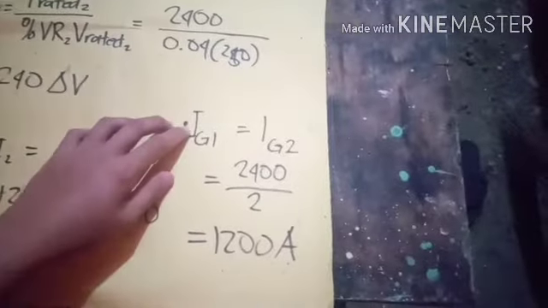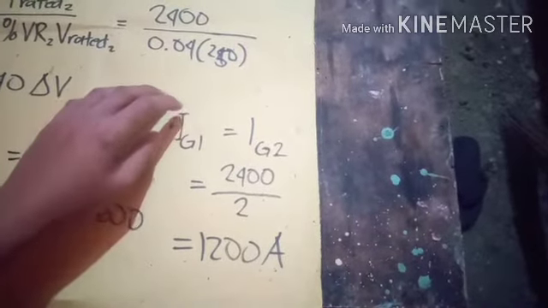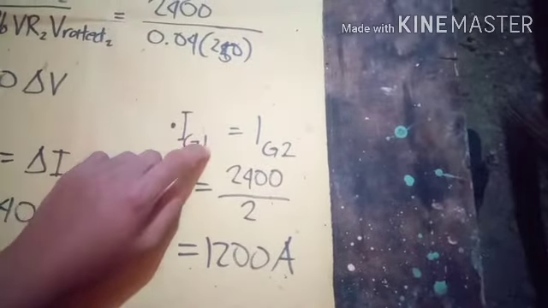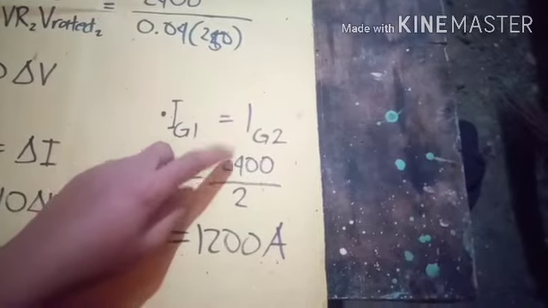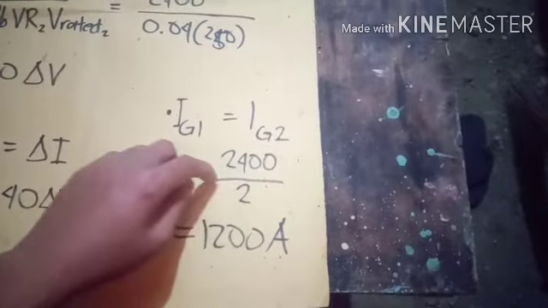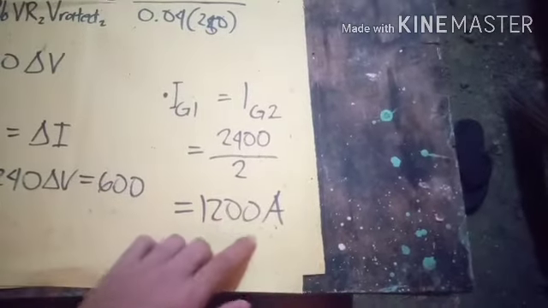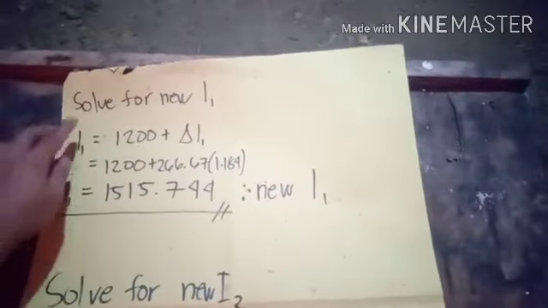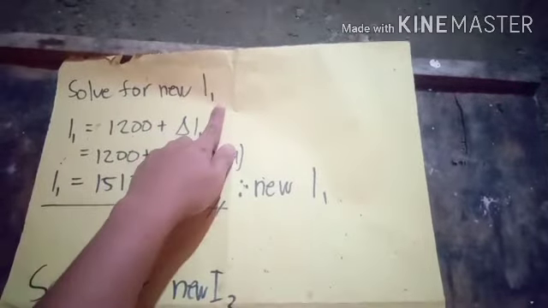Then find the current of generator 1, which is equal to the current of generator 2, which is 2,400 over 2. So the current is 1,200 amperes. Solve for the new current of I sub 1.